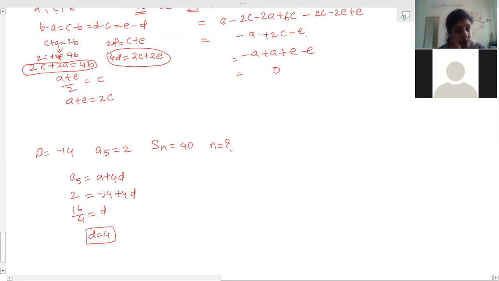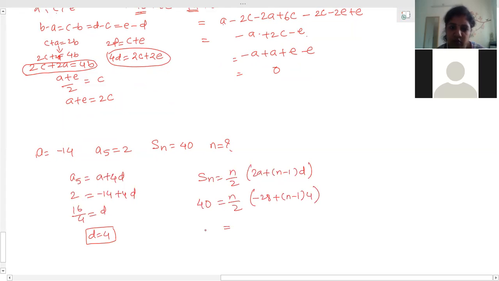So d you got, a you have, find out Sn. Sn is equal to n by 2 into 2a plus n minus 1 into d. So Sn is 40. N we don't know. 2a means minus 28 plus n minus 1 into 4. Simplify. This 2 will go this side, 80. N into bracket minus 28 plus 4n minus 4. N into bracket minus 32 plus 4n is equal to 80.